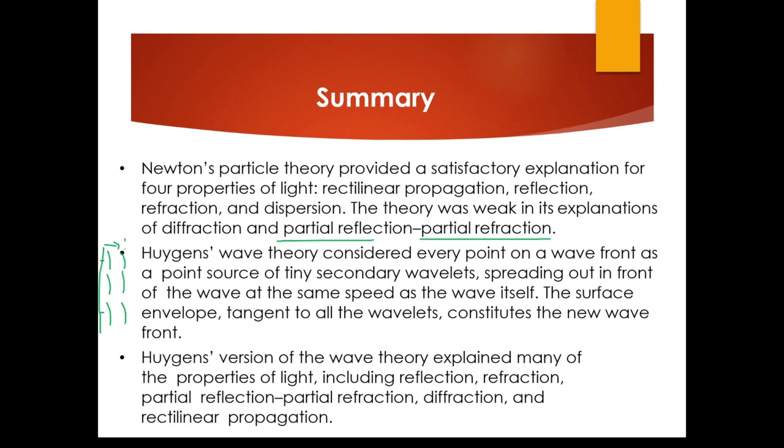And then at some point, you get a nice new straight wavefront that constitutes the new wave, this new line that's tangent to each one of these little wavelets. And that was what Huygens was trying to argue. And it explained many of the properties of light, including reflection, refraction, especially partial reflection and partial refraction, and diffraction, which Newton couldn't explain very strongly.